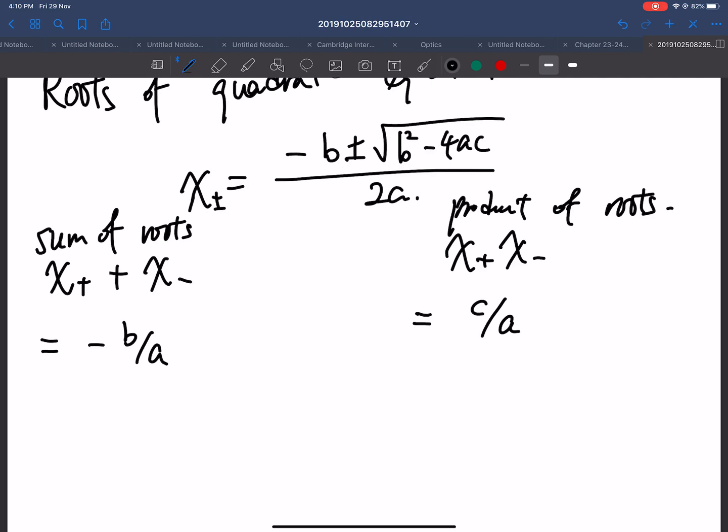What do you get? 4 over 4? Get it? Yes. No, I didn't do the times part yet. The sum of the roots is so easy. You do the product of roots. You should see if you get the same answer.